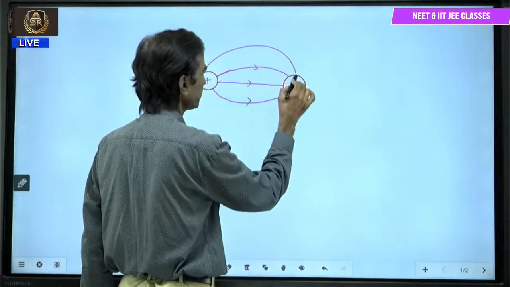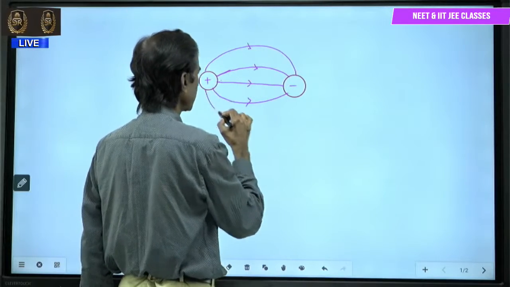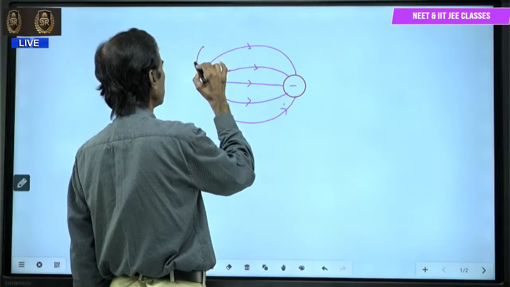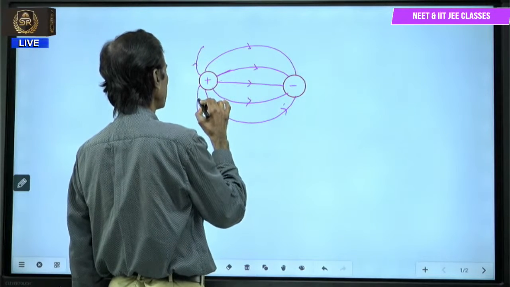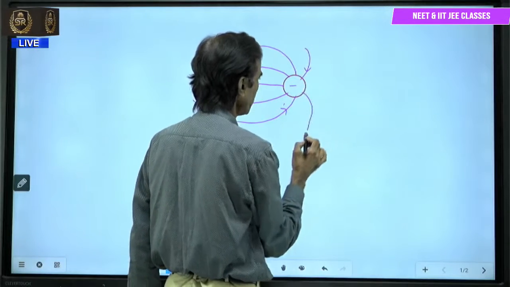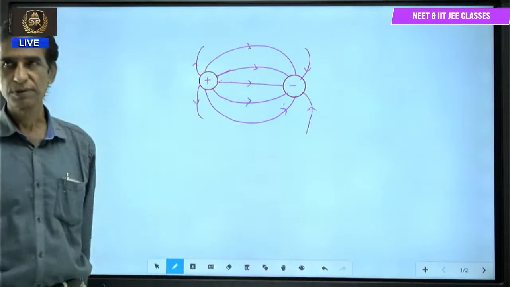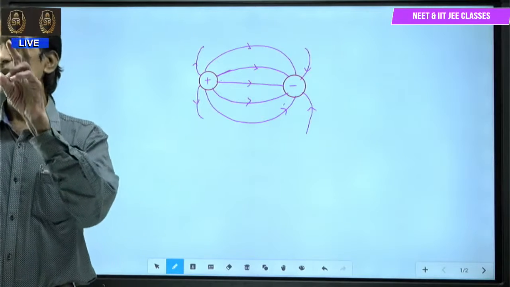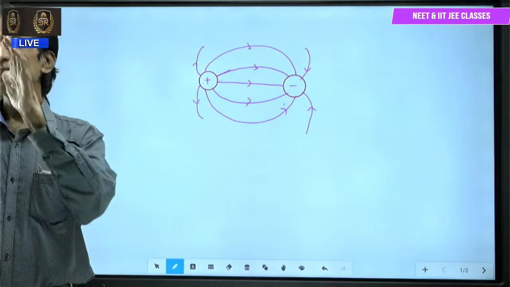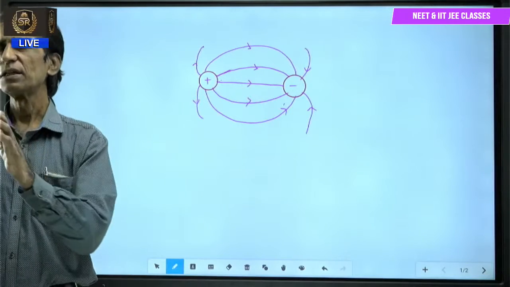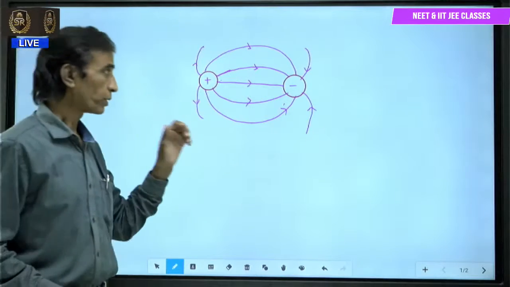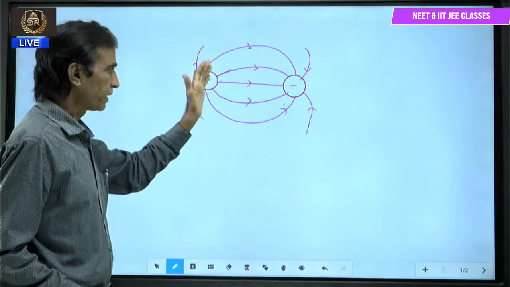So they start at the positive charge and they terminate at the negative charge. So this is for two charges, one positive and one negative. If the charges are equal and separated by a small distance, it is a dipole. So this is the field line for a dipole.